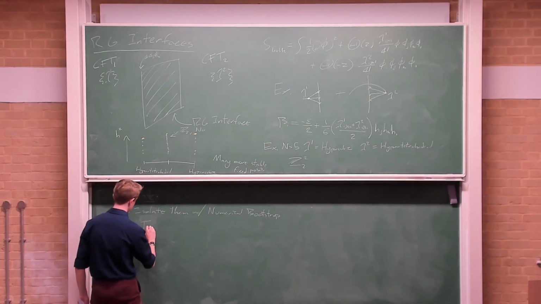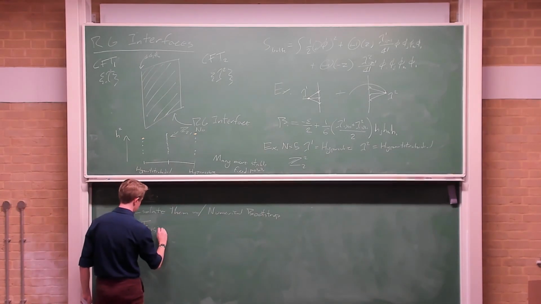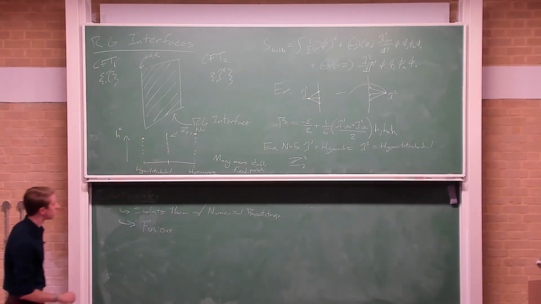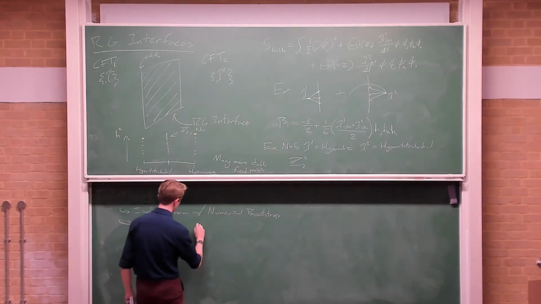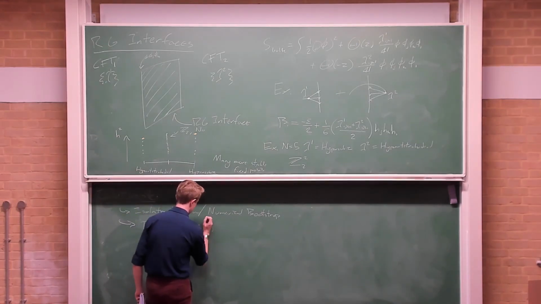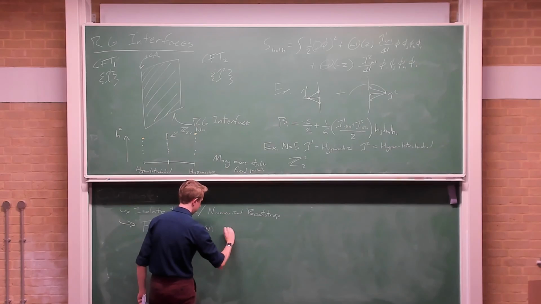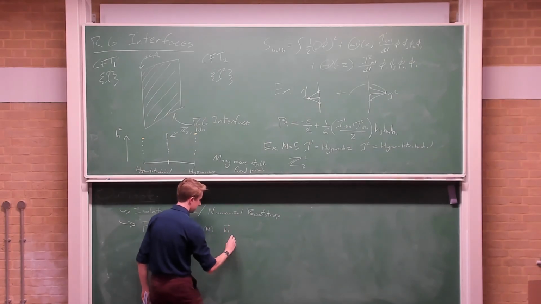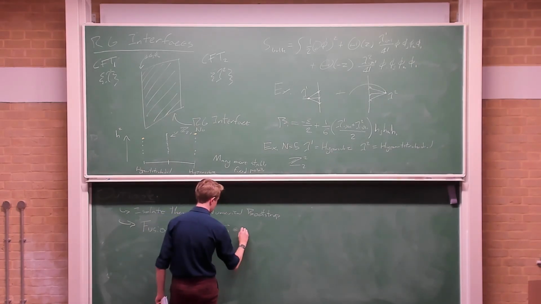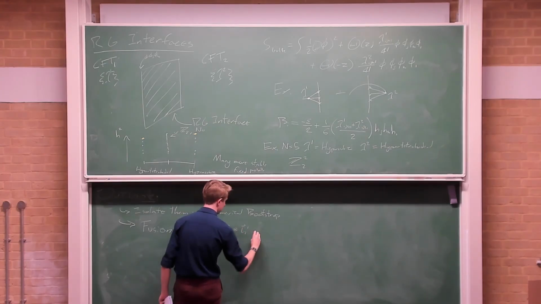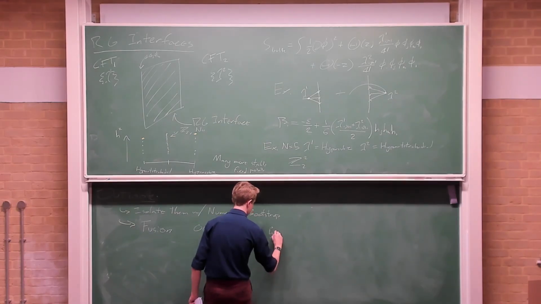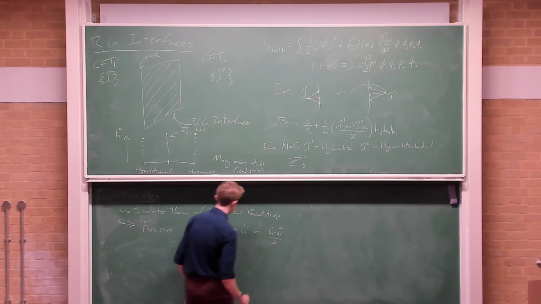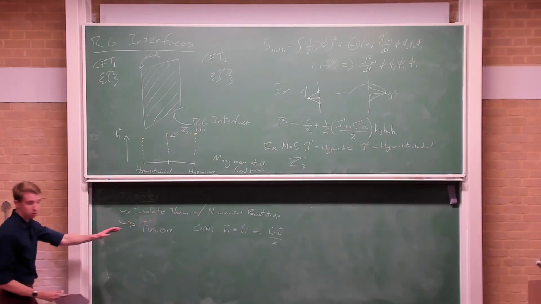So for instance, for defect fusion, it's been known that in the O(N) case, if you try to fuse a vector h with a vector h prime, then the result in the IR is just the average, suitably normalized, of h and h prime.